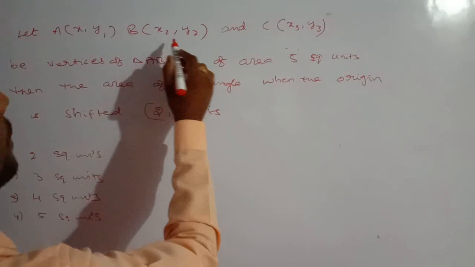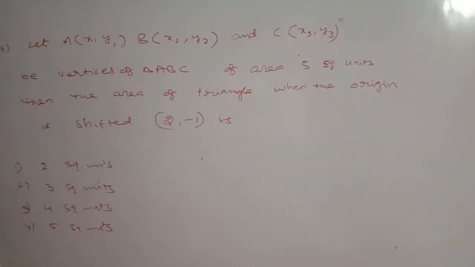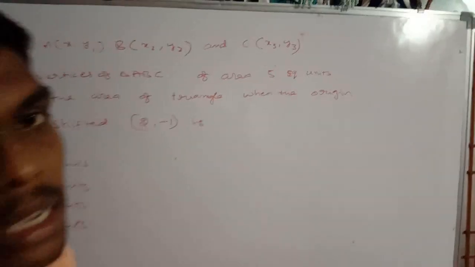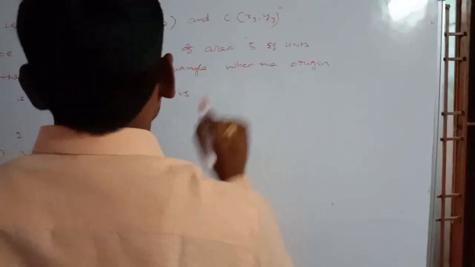Let A(x1, y1), B(x2, y2), and C(x3, y3) be the vertices of triangle ABC whose area is 5 square units.